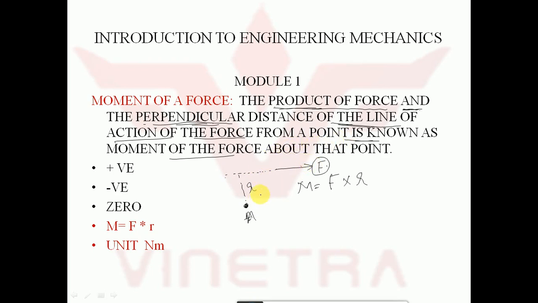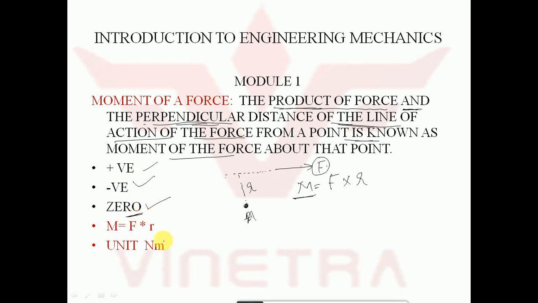The product of the magnitude of force and the perpendicular distance between the line of action of this force and the point will give me the moment. So there are two types of moments, positive moment and negative moment, and if the line of action passes through the chosen point, then there is no moment.